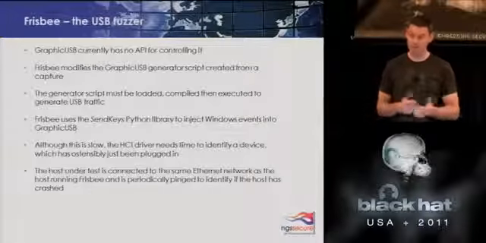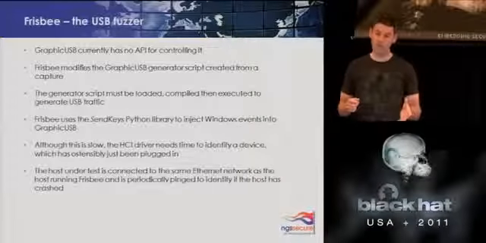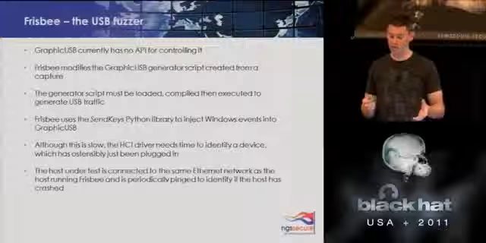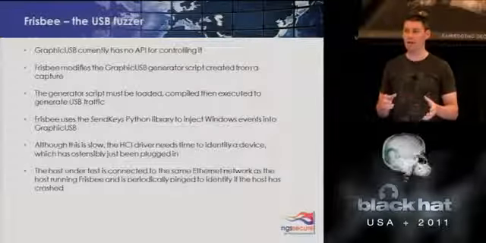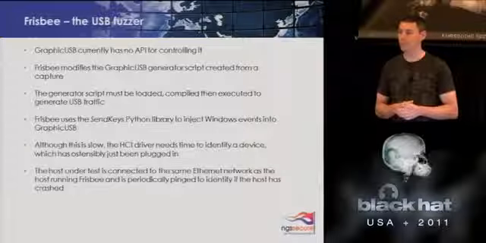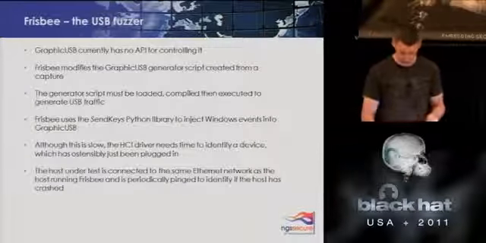So it's a pretty simple solution, but at least you can see when that has been triggered, and then you can go back in and use the Graphic USB GUI to investigate manually after you've identified which byte it is that's triggered the bug.